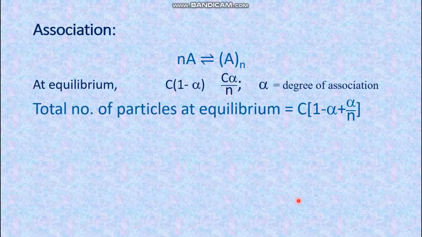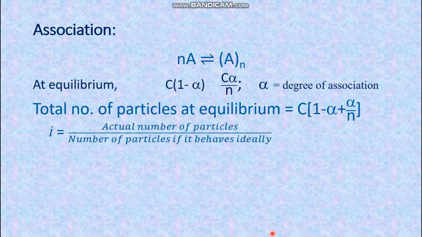Total number of particles is the summation of these two, C into (1 minus alpha) plus this one, and if you take C as common, then it becomes 1 minus alpha plus alpha by n. Then putting the value in the numerator and C in the denominator, you will get this result.